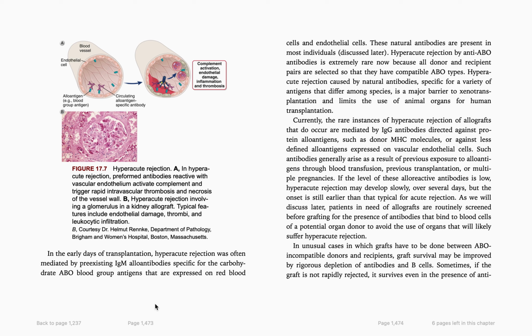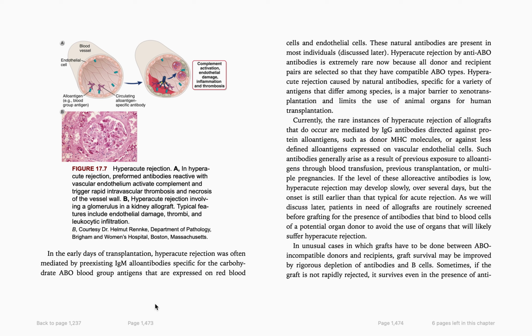If the level of these alloreactive antibodies is low, hyperacute rejection may develop slowly over several days, but the onset is still earlier than typical for acute rejection. As we will discuss later, patients in need of an allograft are routinely screened before grafting for the presence of antibodies that bind to blood cells of a potential organ donor, to avoid the use of an organ that will likely suffer acute rejection.